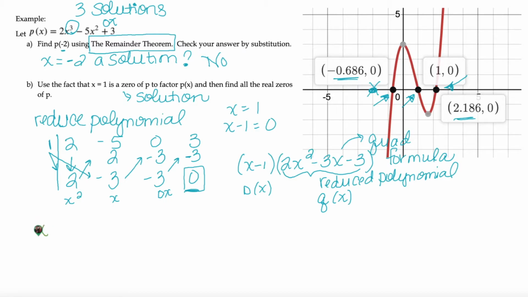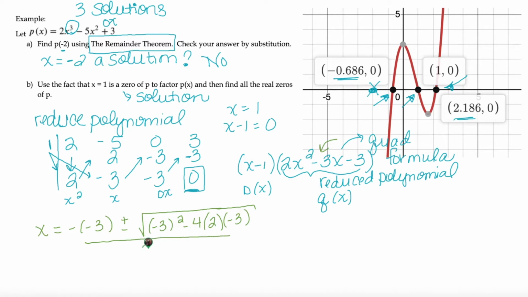All right, therefore, x is equal to the opposite of negative 3, so the opposite of b, plus or minus the square root of b squared minus 4 times our a value of 2 times our c value of negative 3, all over 2 times our a value of positive 2.